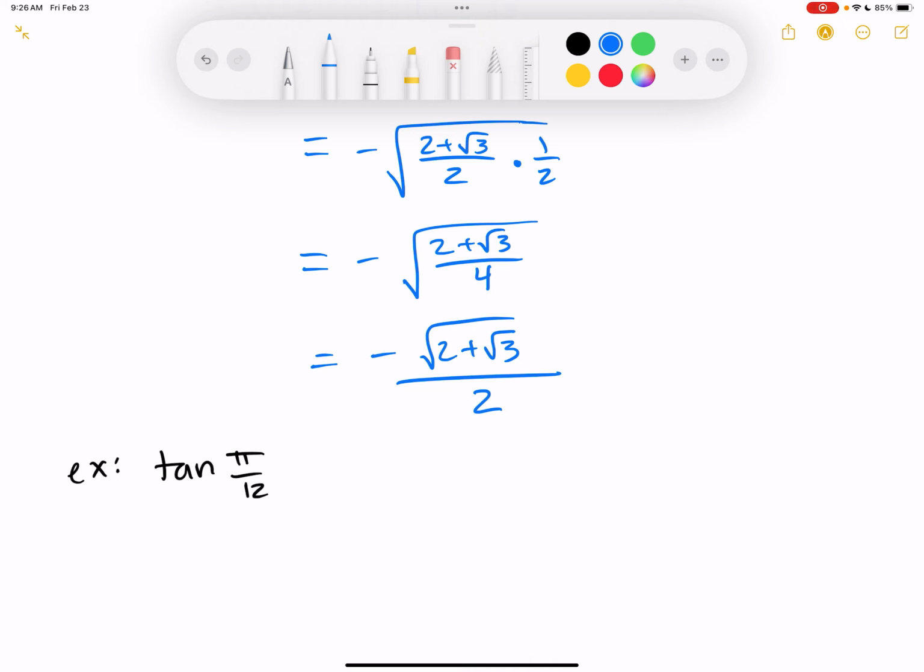Yep, so pi over 12 times 180 over pi. So now we're dealing with the tangent of 15 degrees. But that's not an angle on our unit circle, so I need to use one of the half angle formulas to find it. So the tangent of half of 30 degrees.